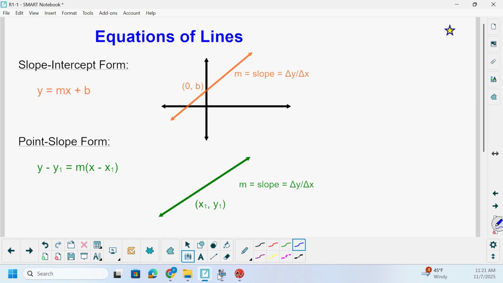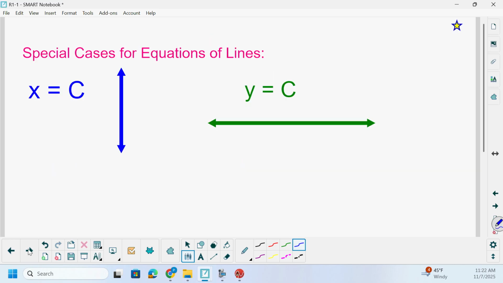So that's our y equals mx plus b, where m is our slope, which is the change in y over change in x, and b is the y-intercept, which is where the graph crosses the y-axis. The other one is point-slope form. Point-slope form just comes from cross-multiplying the slope equation of slope equals y2 minus y1 over x2 minus x1.